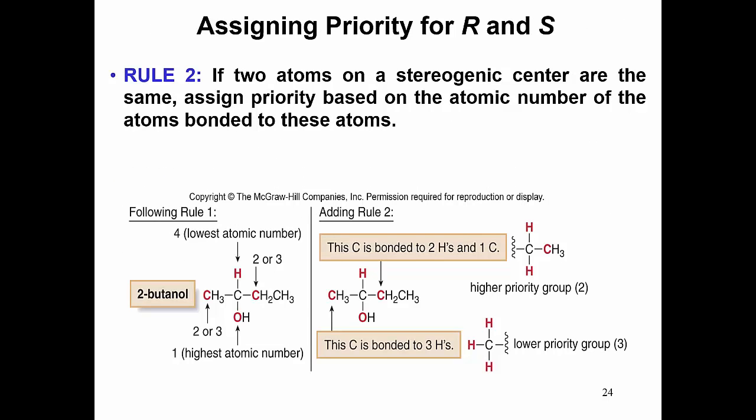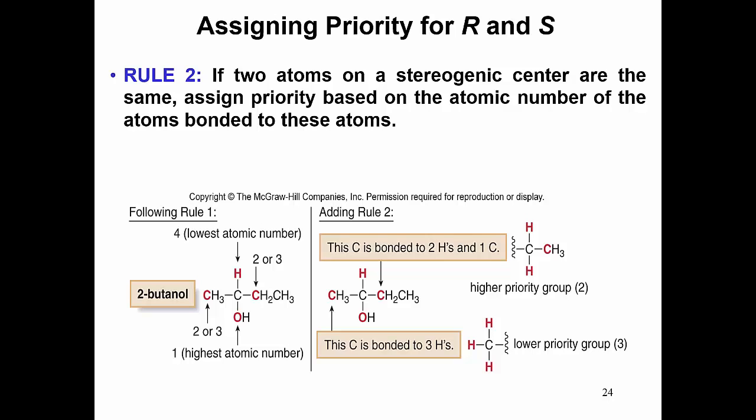Now if we have a tie, let's say we have two carbons attached to the same carbon, but those carbons themselves are different, we still have four different groups attached to the central carbon. Look at the 2-butanol example. The carbon shown is attached to the hydrogen and the hydroxyl group.